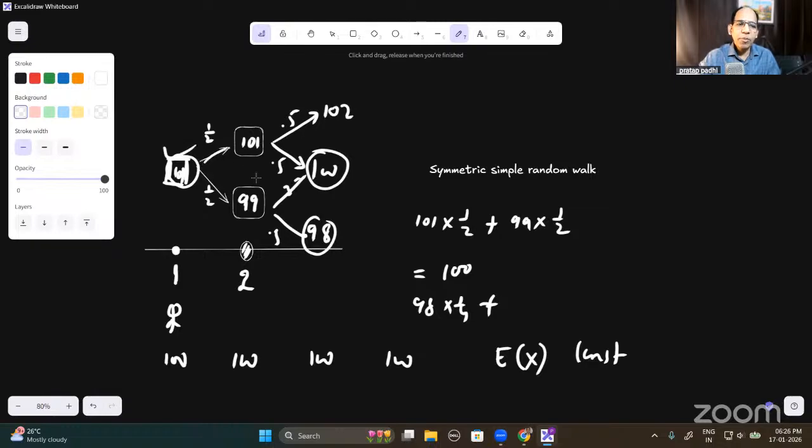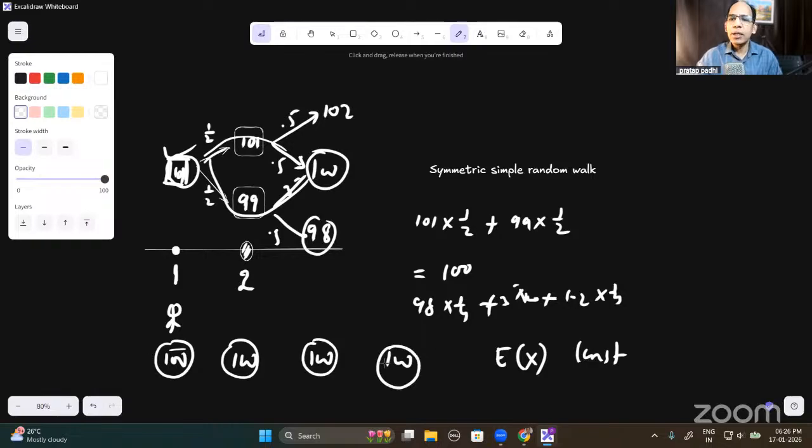I'm starting from here. And here also 102 with probability 0.25. You find like this. And here 100 is reached through this probability or this probability, so this is 0.5. If you find this, again you will get 100. So my expected value is not decreasing or increasing. My expected value is remaining the same. How about the variance? The variance is changing.